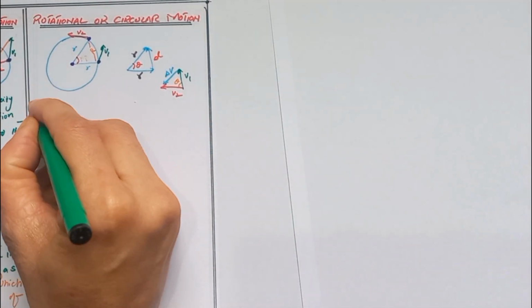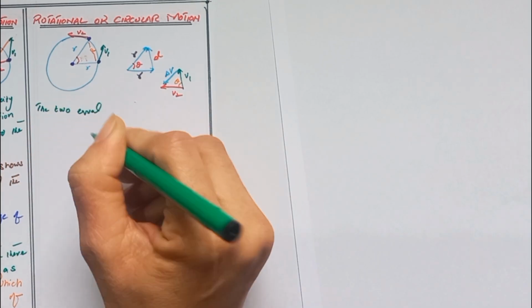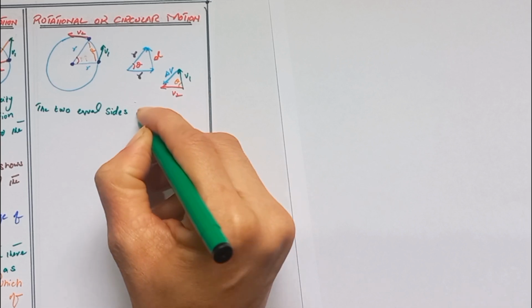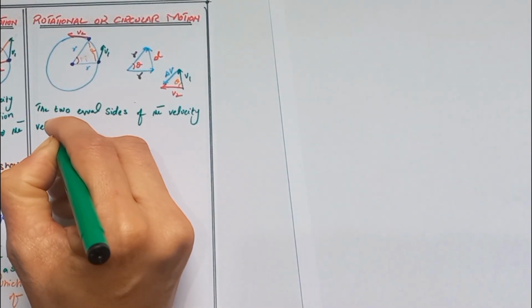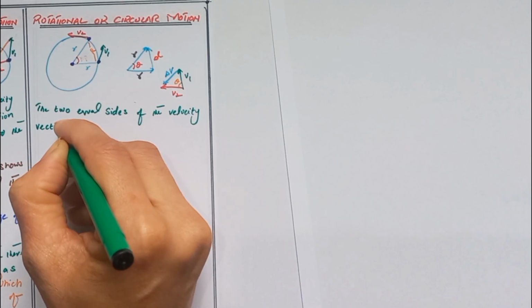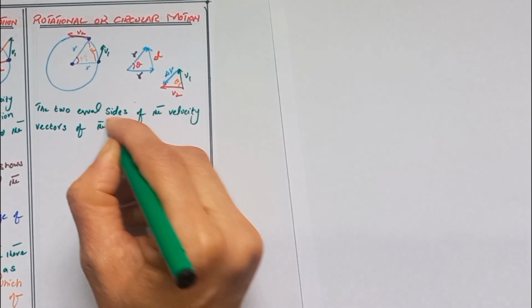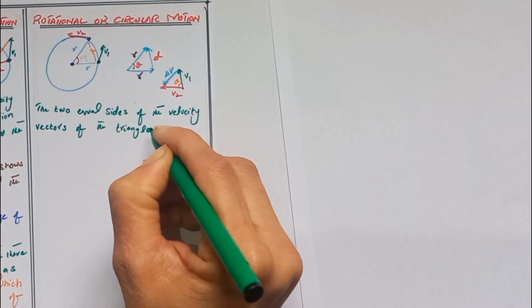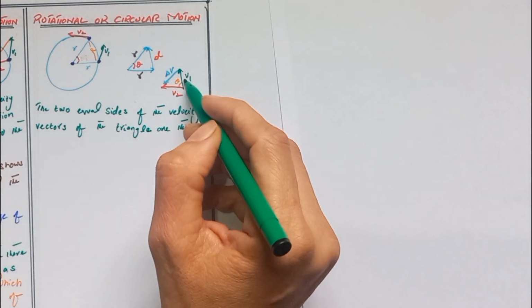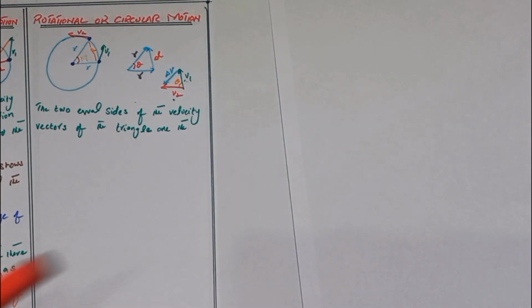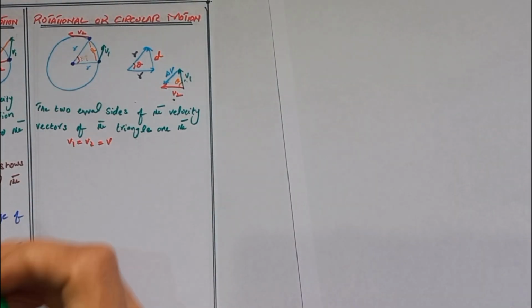In these two triangles, the two equal sides of the velocity vector triangle are equal, so we can write v1 is equal to v2 is equal to v.